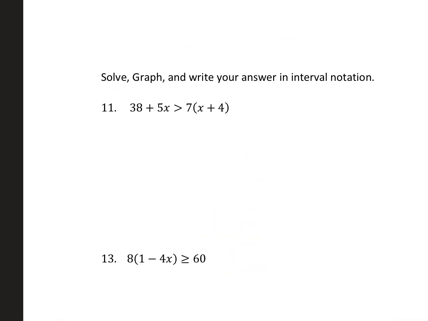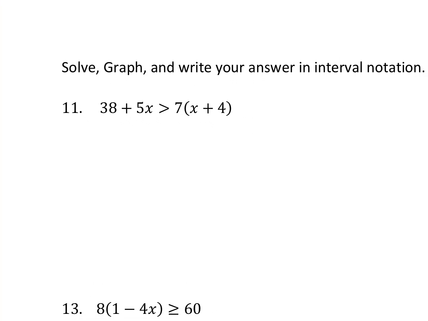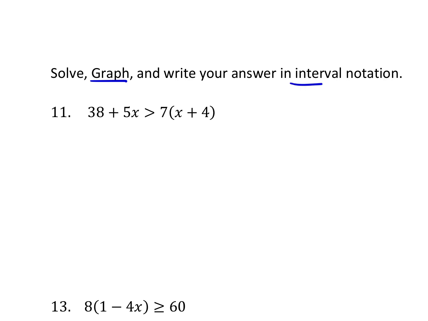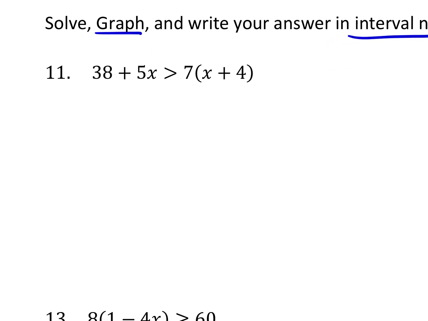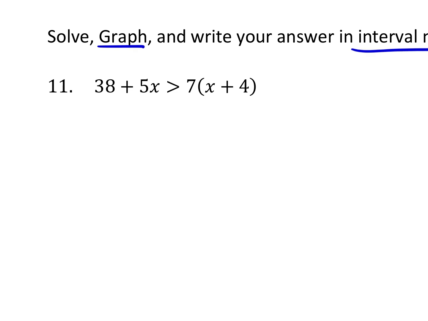Right, so let's take a look at number 11. We need to solve, graph, and write your answer in interval notation. So looking at 11, we see that we don't have any x squared, so we know that we just need to get our x's on one side and the constant numbers on the other. So what should I do first? Distribute the 7.